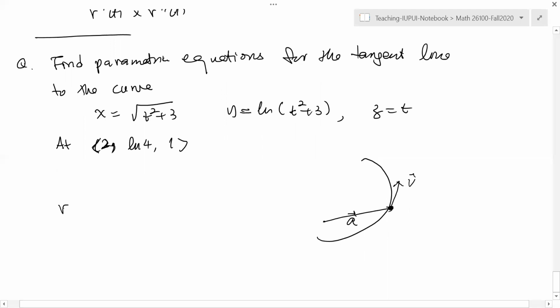So the vector equation for the tangent line is going to be A plus t v. This is a vector equation for the tangent line.